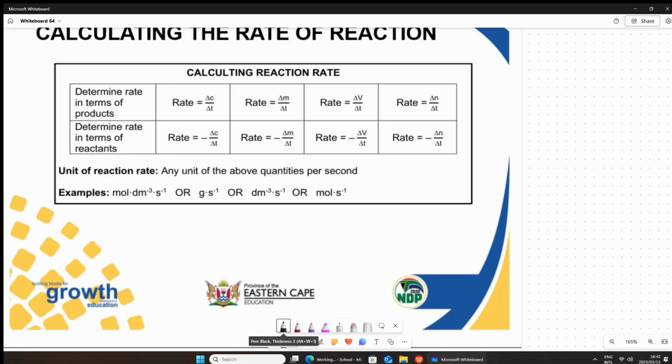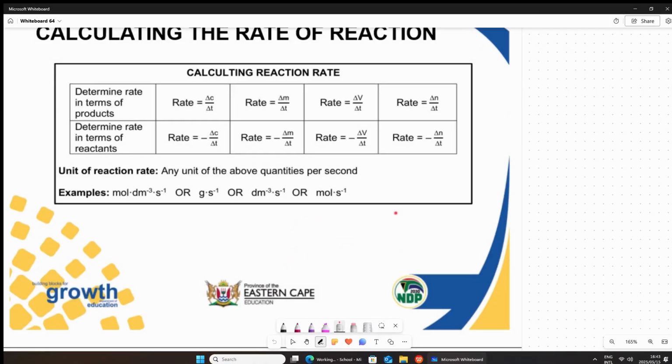Why? Because throughout the course of the reaction, the concentration of the reactants that you start with is actually bigger. However, as the reaction takes time, the concentration of the reactants decreases over time. This means that you're going to have a smaller concentration of the reactants at the final time.